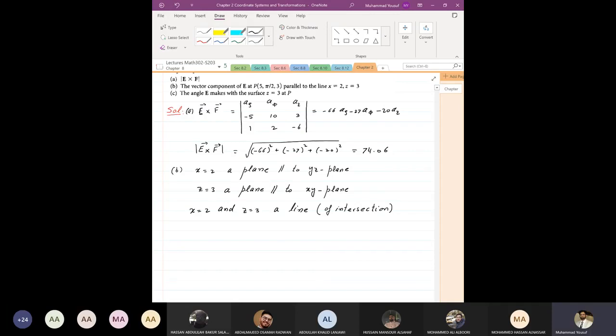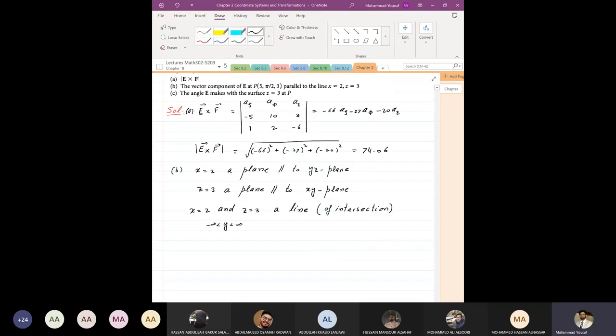So what about the y variable in this line? This will be a line in which x is always equal to 2, z is always equal to 3, and y can take values from minus infinity to plus infinity.